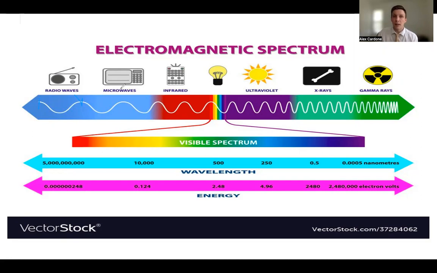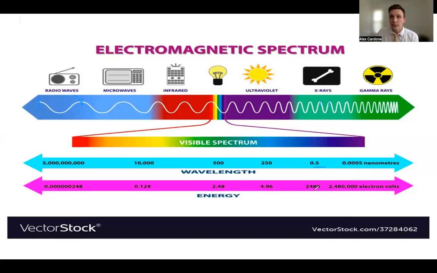Whereas we can move on to microwaves, then infrared, then the visible spectrum, also known as visible light, ultraviolet, X-rays, and then gamma rays. As we go down to X-rays and gamma rays, that's some of your ionizing radiation. You can see that the distance between these two cycles, from this top part to this top part, is very small comparatively, about 0.5 nanometers.